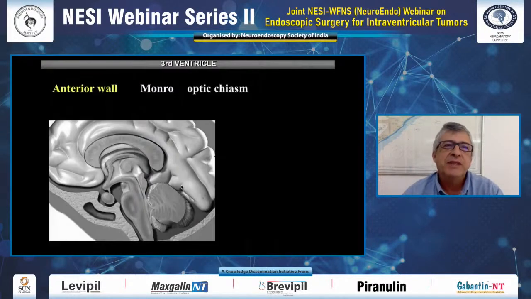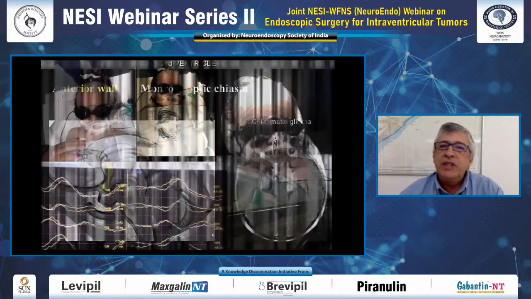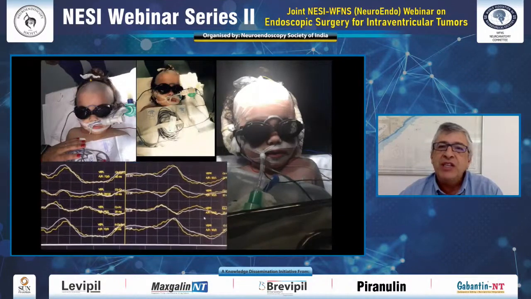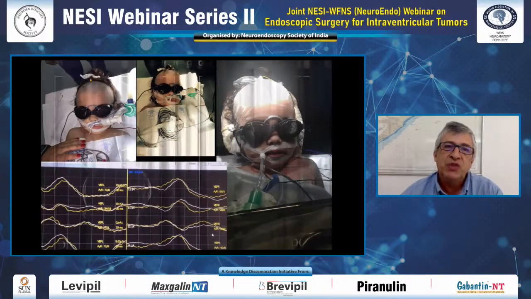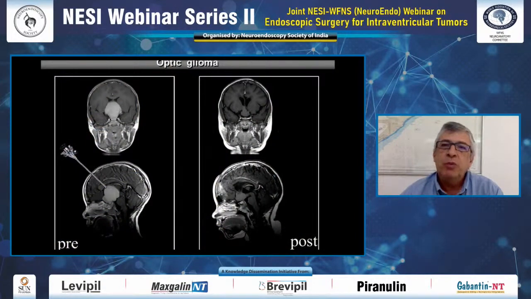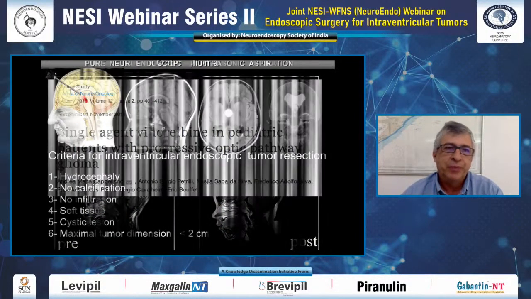It's possible to leave it inside. The anterior wall of the third ventricle runs from the Monro to the optic chiasm. The most frequent example is the chiasmatic glioma. Using evoked potentials like that, you can remove a part of this tumor, as you can see here. You don't need to remove it completely. Then you can follow up with chemotherapy.